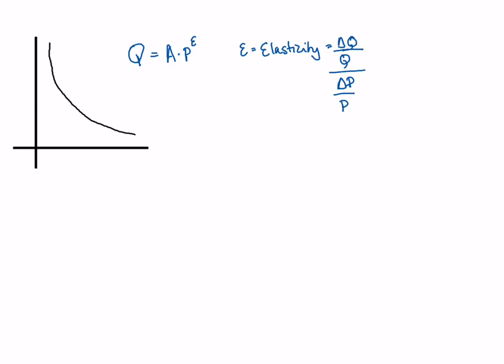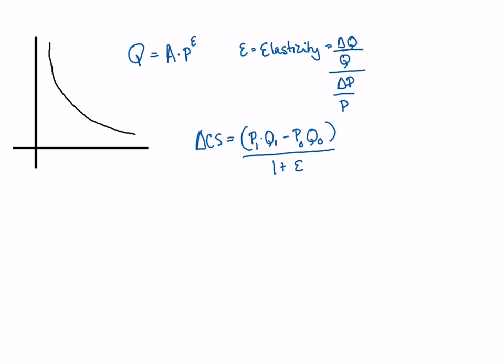For a constant elasticity demand curve, you can estimate the change in consumer surplus between 2 points as the price times the quantity at one point minus the price times the quantity at the second point, divided by 1 plus the elasticity.